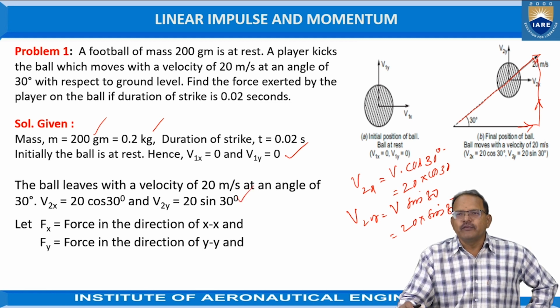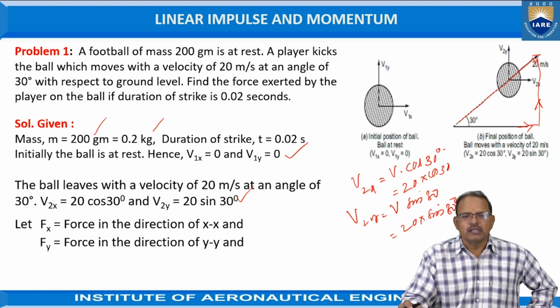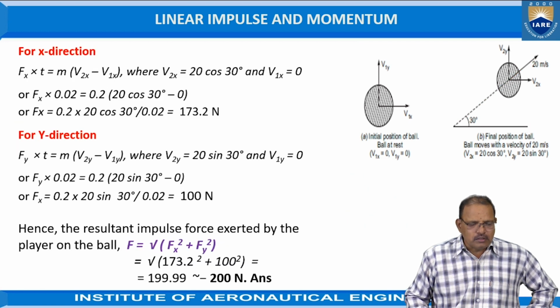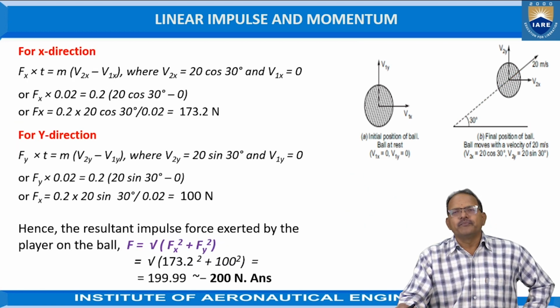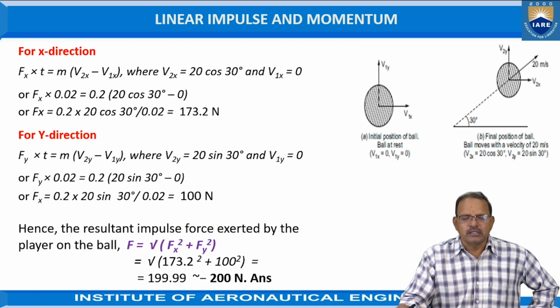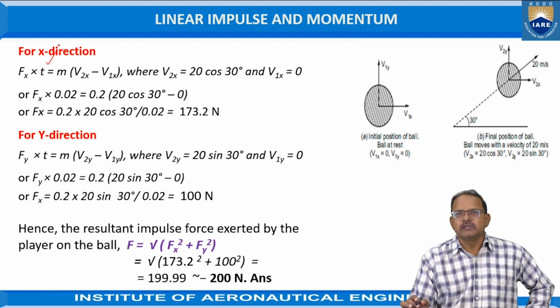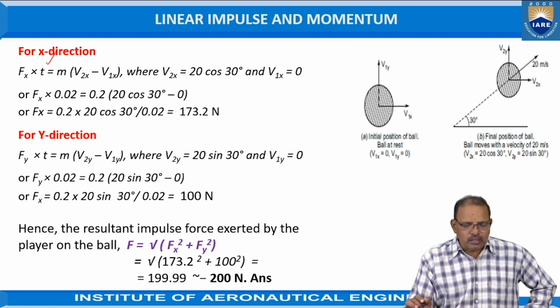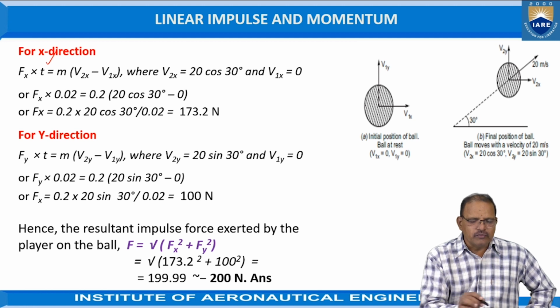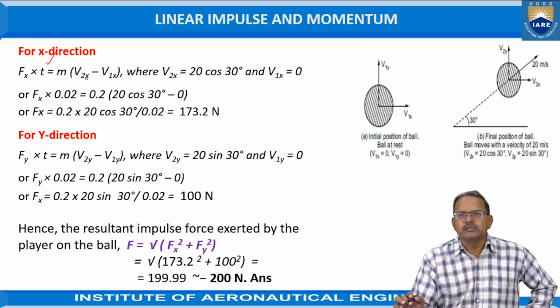Assume Fx and Fy represent the components of force acting along the x direction and y direction. Then the impulse-momentum equation in the x direction is Fx into t, that is the impulse in the x direction, equal to the change in momentum in the x direction, which is m into (v2x minus v1x).